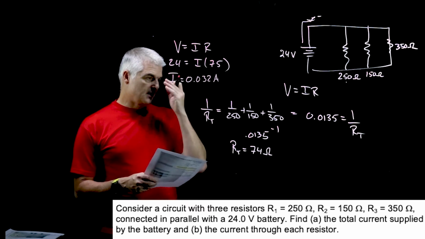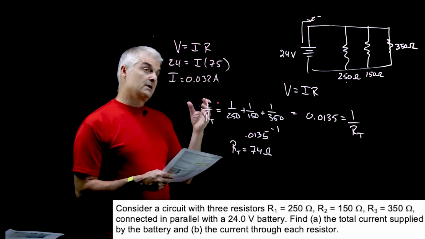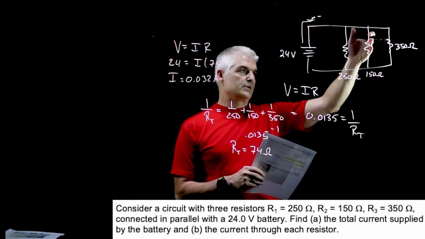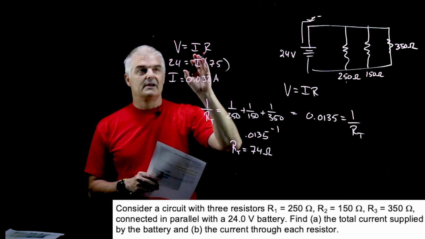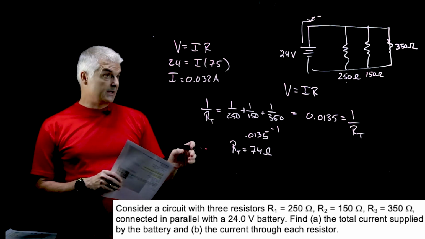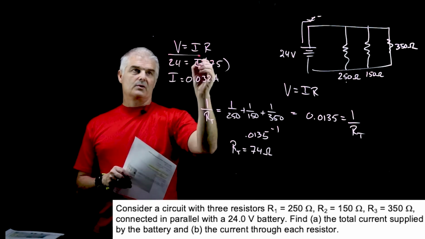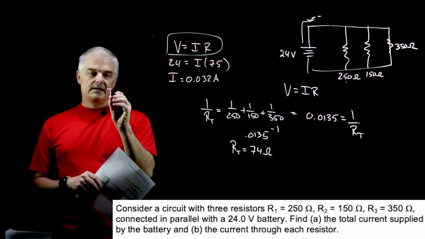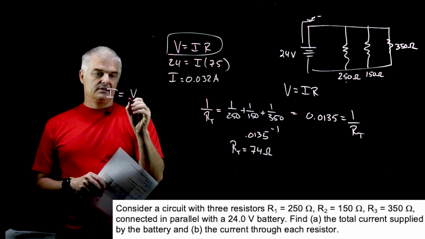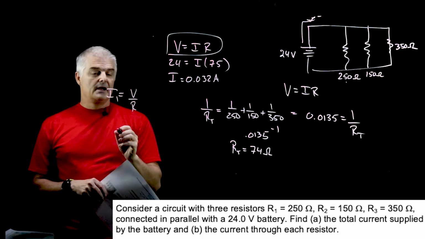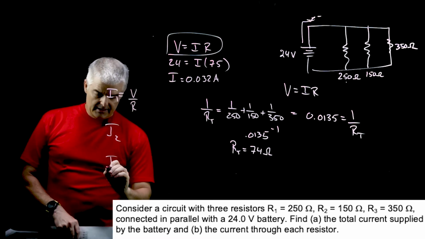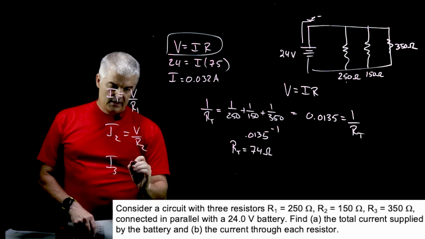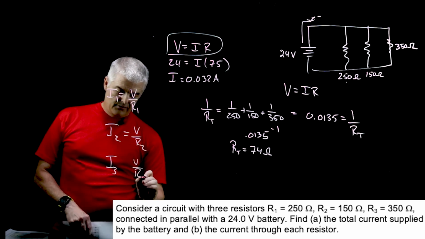In the second part of the question, it asks what the current is in each segment. So you've got segment 1, 2, and 3, and we're going to solve for I1, I2, and I3. Let's rewrite this equation so it's easier to think of. I can divide both sides by R, so I is equal to V over R. I'm going to do I1, I2, and I3, which will be V over R1, V over R2, V over R3.